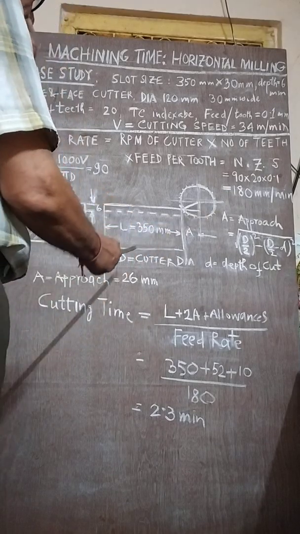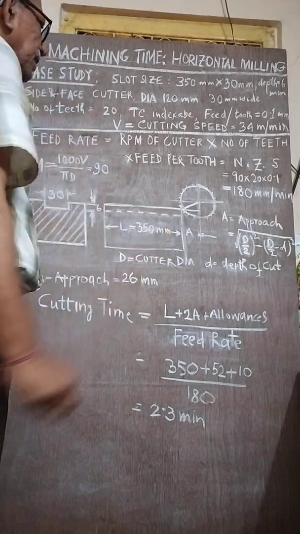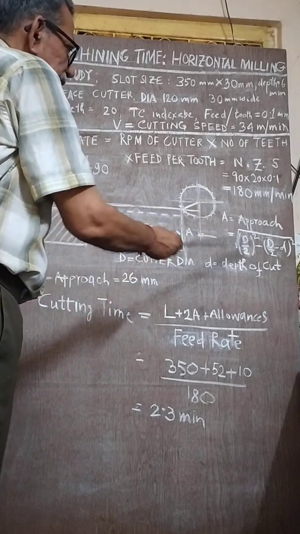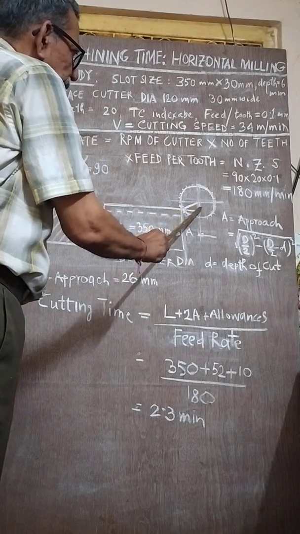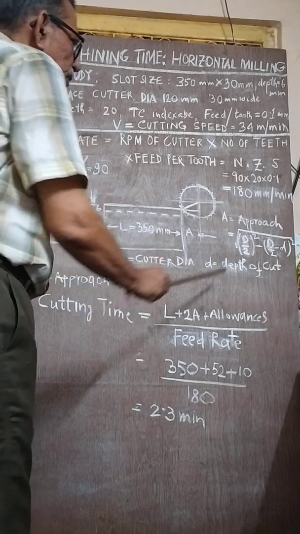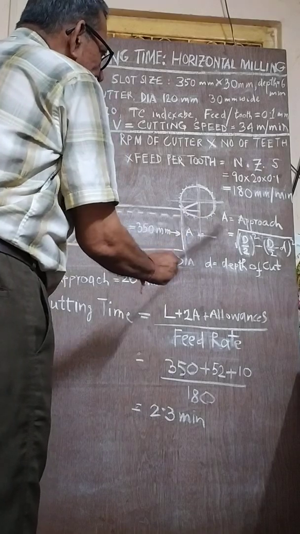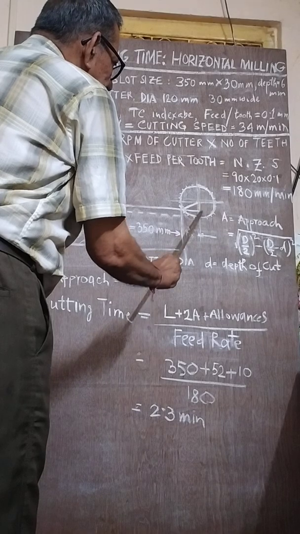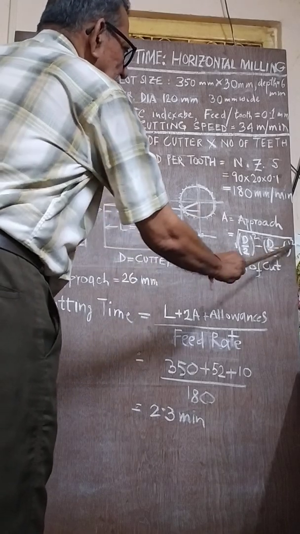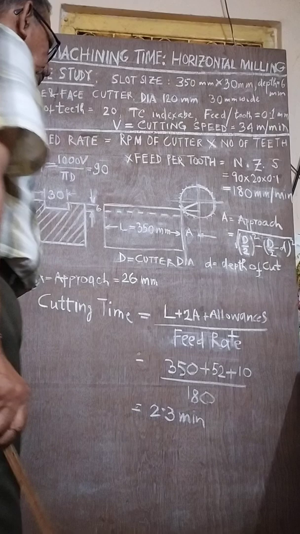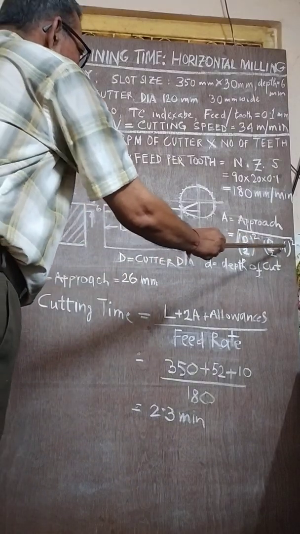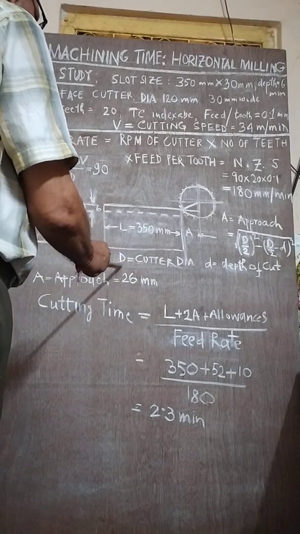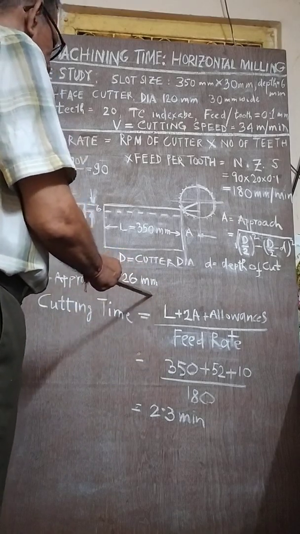This is also an assumption, that in one pass we will cut the total depth. So the approach A has been found out by Pythagoras theorem: A squared is D by 2 whole squared minus D by 2 minus d, the whole squared, where d is the depth of cut. If you put the values of capital D and small d, we find this is 26 mm. So the approach is 26 mm.